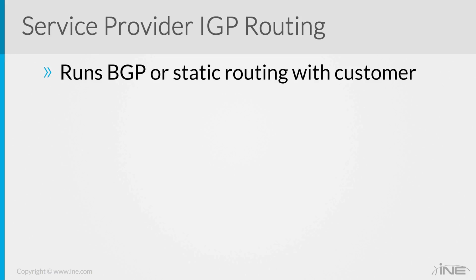I have seen situations where that comes into play, but it is generally not the way it's done. The de facto, industry standard that most ISPs and most customers will follow is BGP. It's just the way it is.